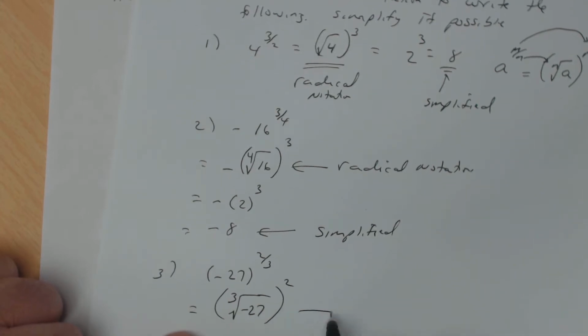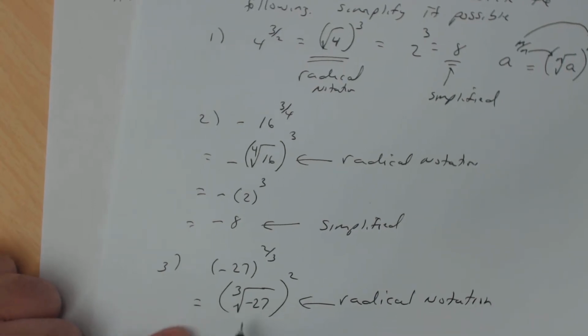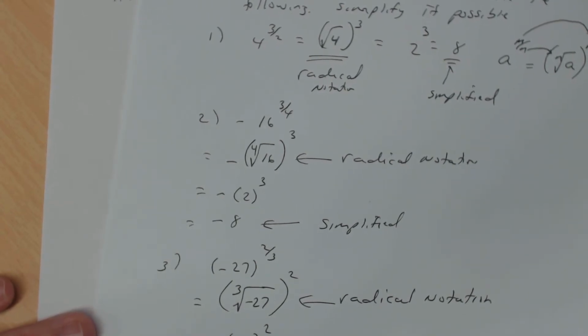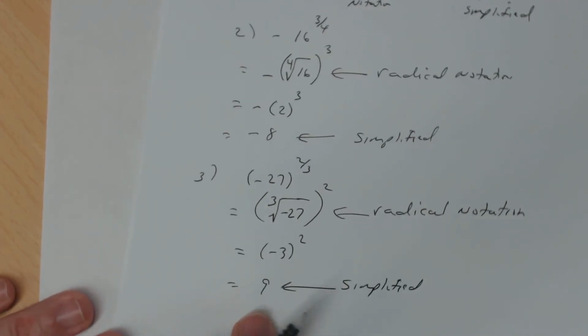That's your radical notation. Now let's simplify. What number times itself 3 times is negative 27? The answer is negative 3. But that's being squared, so it's 9. So in the blank for simplified, you put 9. The cube root of negative 27 is negative 3, and negative 3 squared is 9.